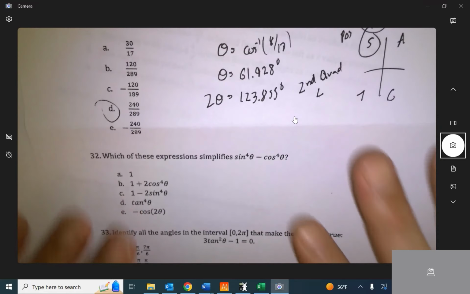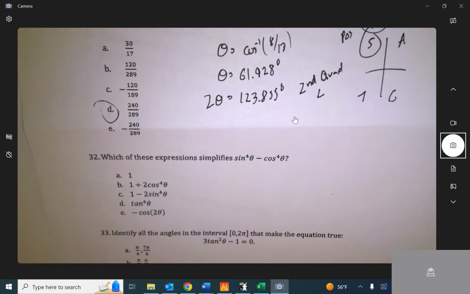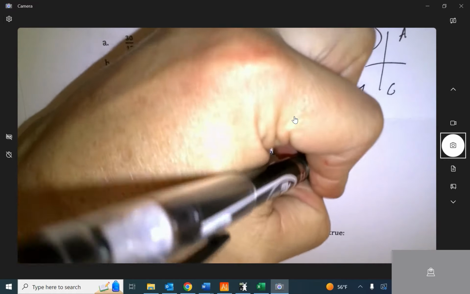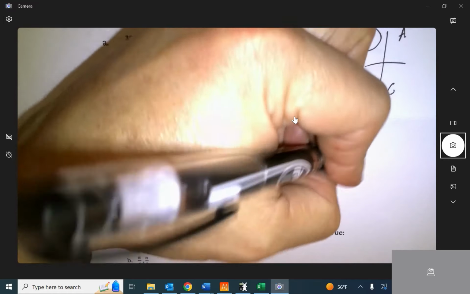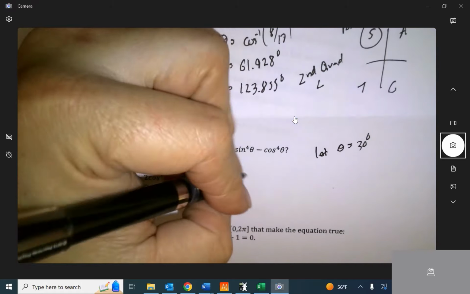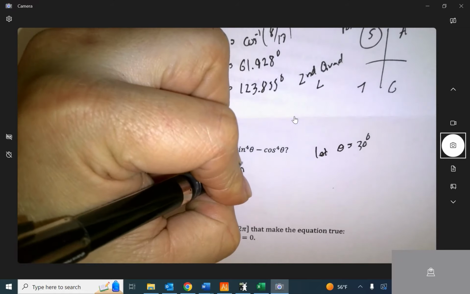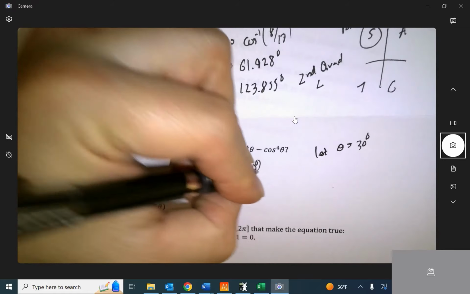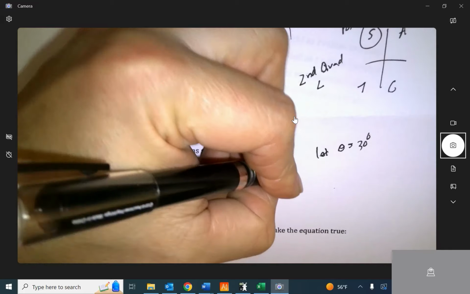Which of these expressions simplifies sine to the fourth minus cosine to the fourth of the same thing? So let's cheat. We can do this by hand too, but let theta be like 30 degrees. So we have sine to the fourth of 30 degrees minus cosine to the fourth of 30 degrees.